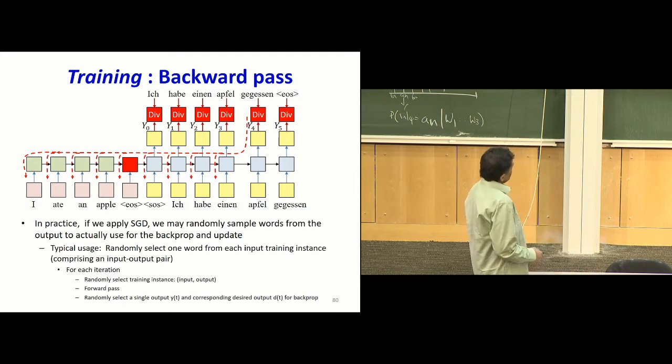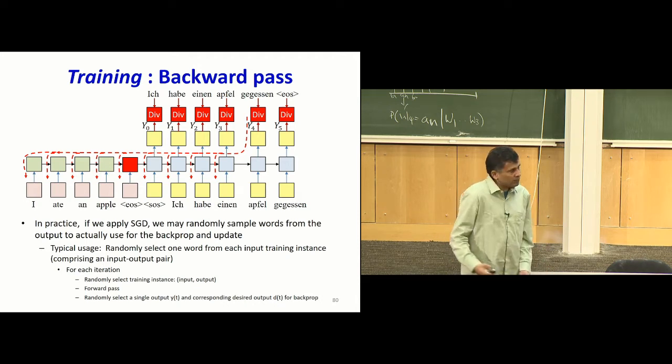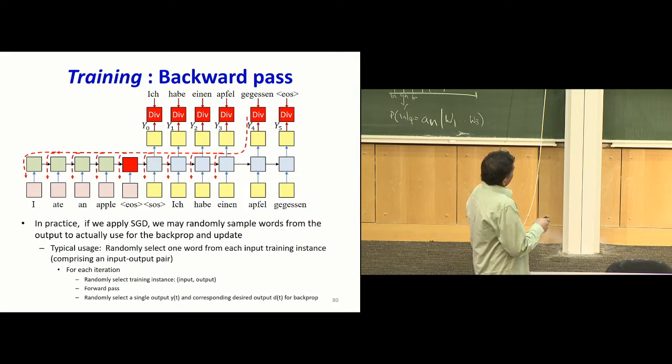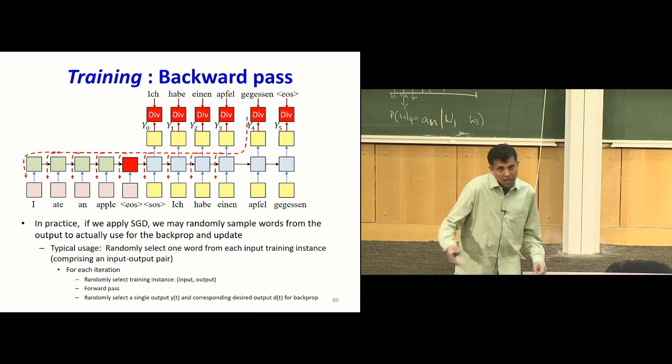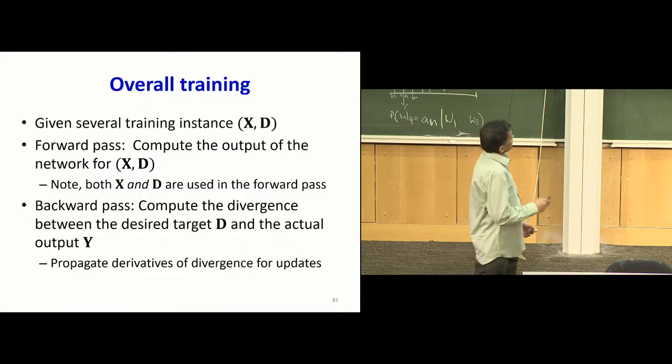So a typical usage is to randomly select a training instance, which includes an input-output pair, the input English and the output French maybe, and you do a forward pass. Then from the output, you randomly choose one word and propagate that derivative backwards and update all of your parameters.